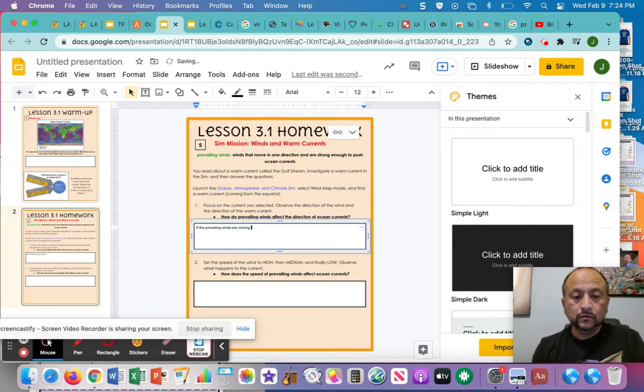And if you want to write it in your own words, you can. Feel free to do that. If the prevailing winds are moving, the ocean currents are also. You can state that the sun is also the cause of winds.